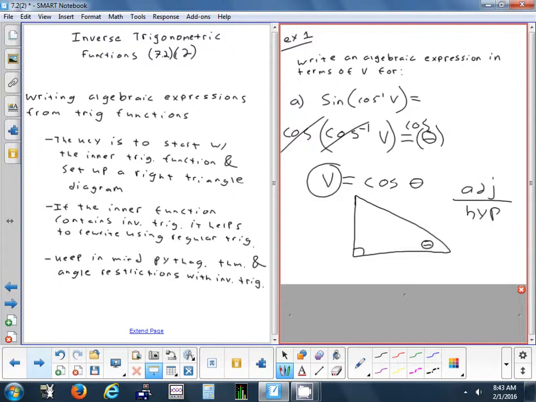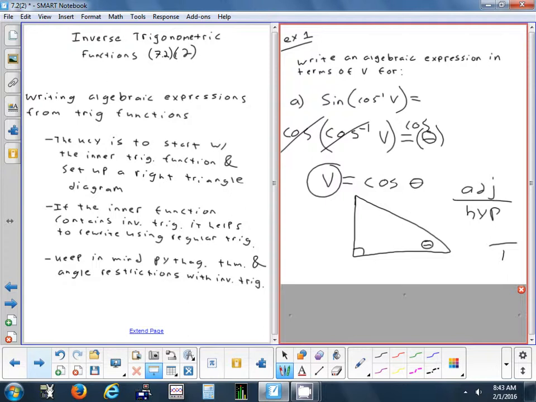What's the simplest way you can divide two things and have the answer come out to v? Anybody think, what could you put in the top and what could you put in the bottom to make it as simple as possible? What number? 1. Yep, I like the idea of using a 1. Where would you put that, in the top or the bottom? Bottom. Yep, the bottom.